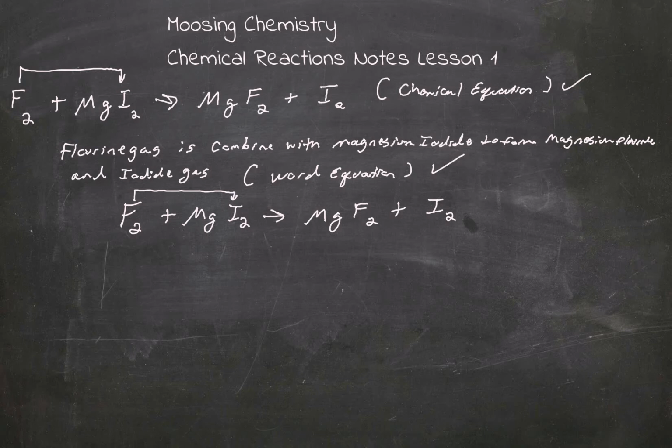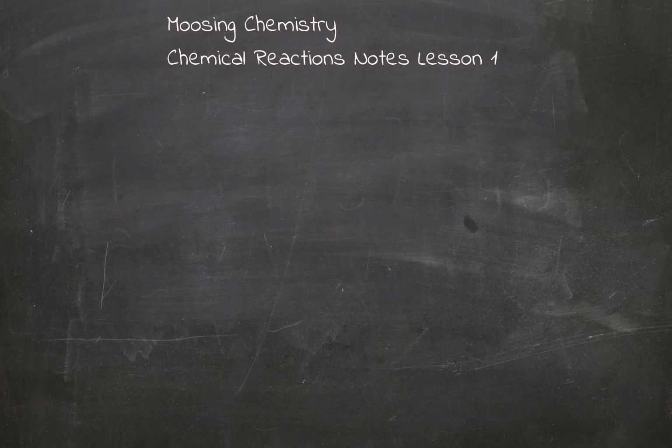Now, there are also things called symbols. Let's go ahead and clear these drawings again, and we'll talk about the symbols that you might see in a chemical reaction. All right, here we go. If you have a plus sign, this is what it means: it separates reactants or products.